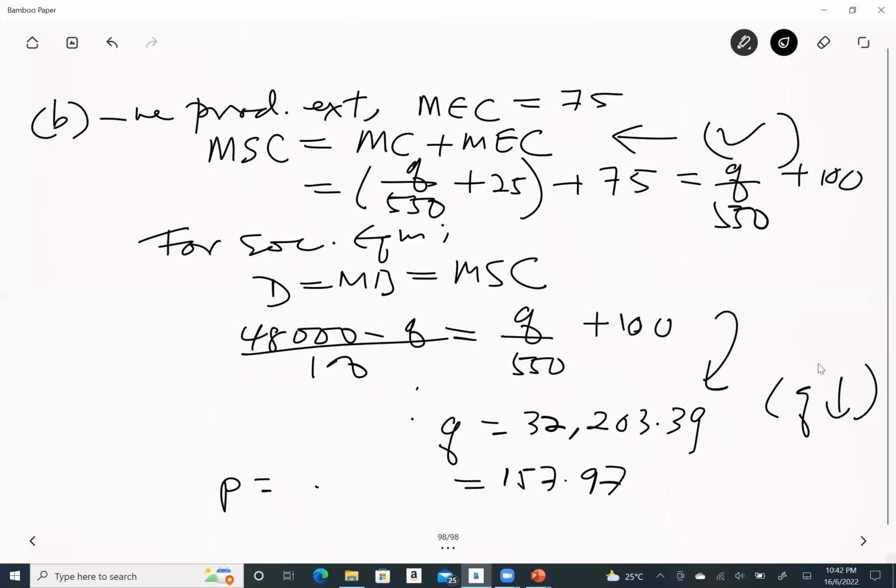All right. To get a clearer picture, you sketch the graph. Graph supply and demand, and then you have the marginal cost shifting to the left. There is an increase in cost because of the negative externality.